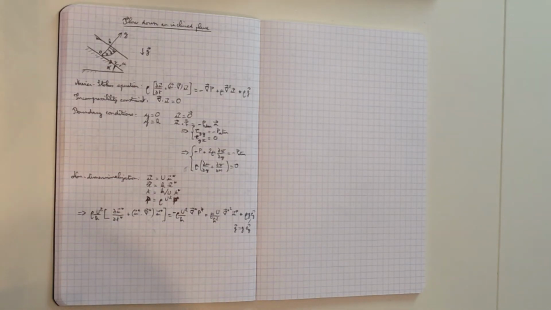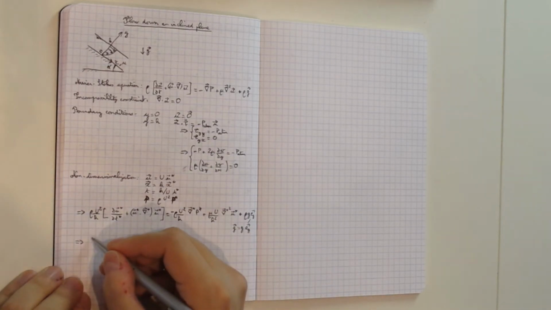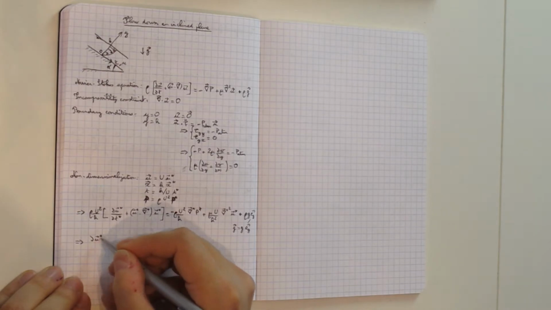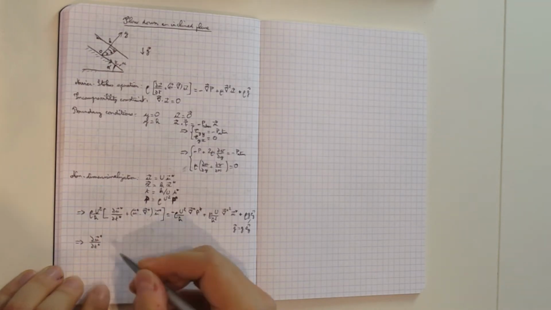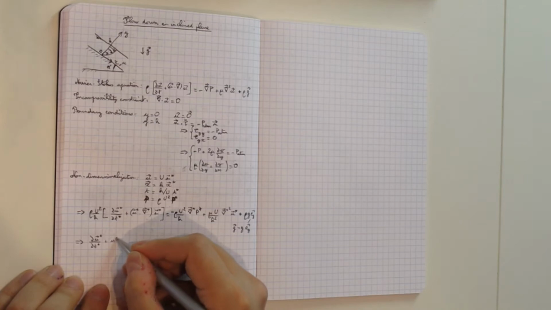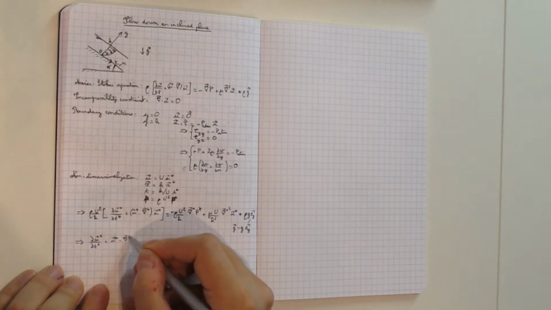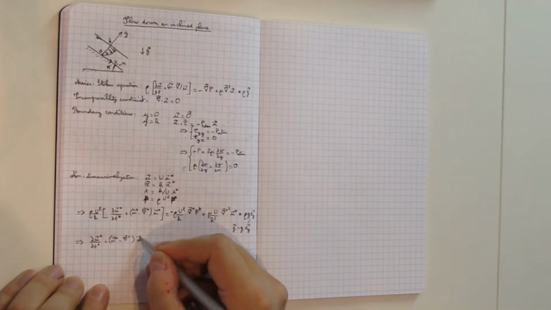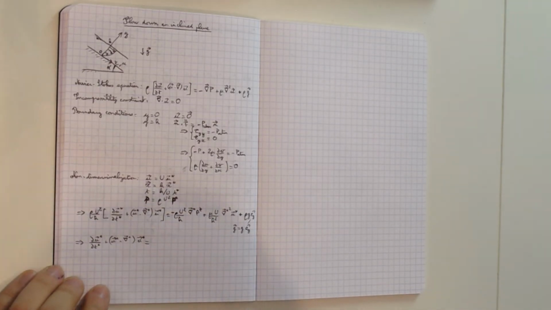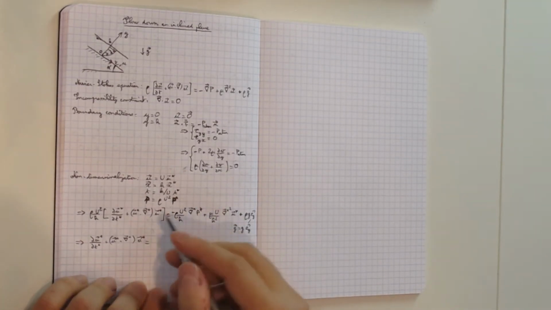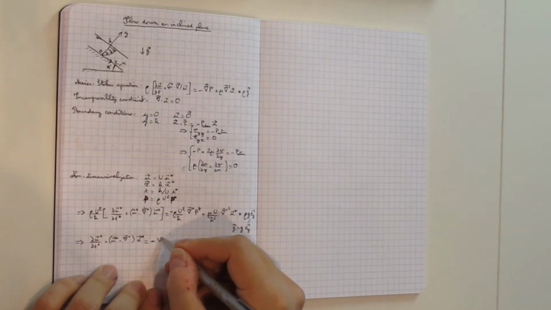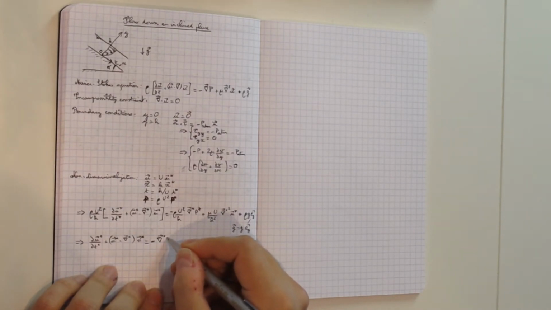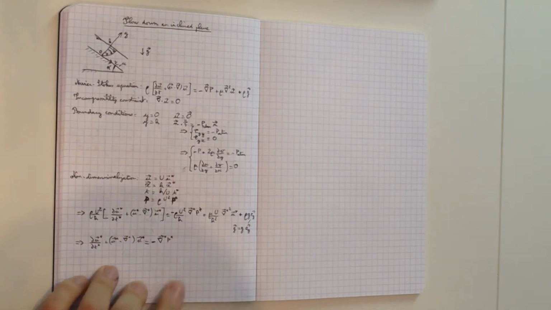Okay, so now that I've got this, I can divide everything by rho U squared over h, so that my left hand side doesn't have any prefactor. If I do this, then my left hand side is dU star by dt star plus U star dot grad star U star. And on my right hand side, the prefactor in front of the gradient of pressure simplifies, so I get minus the gradient of pressure.